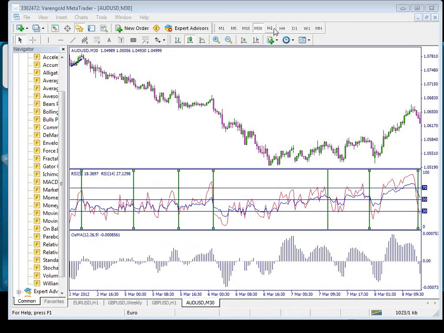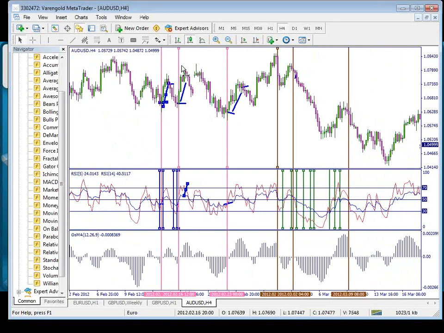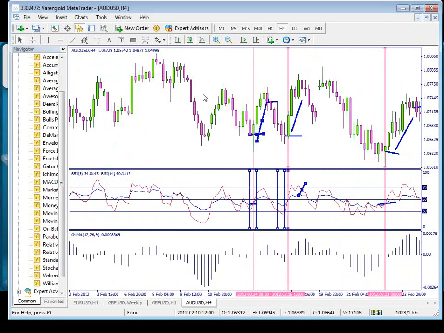Let's see what is the relation between the price and the oscillator of moving average. I will go again into this chart, and what we can see is that when the oscillator of moving average is under the zero level, under the water, and the pair starts to go into an uptrend, the candles are smaller and smaller.